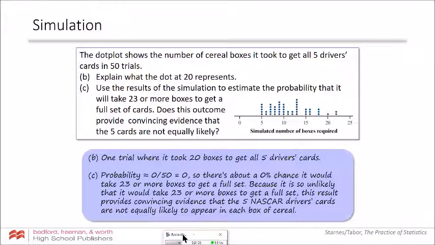Remember we talked about that, on the other hand, being pretty common if there's a 24% chance of it happening. So that really gives us evidence that probably the 5 cards are equally spread throughout the boxes. Okay? So again, this goes back to that question of statistical significance.